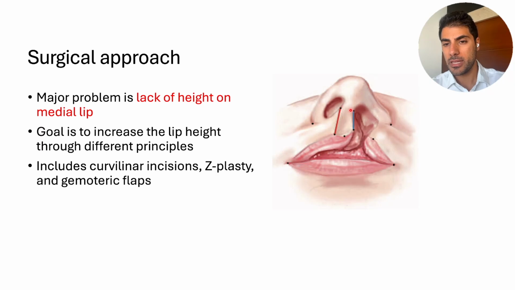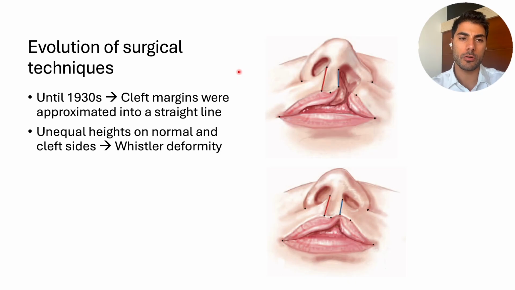So the cleft lip offers us a deficiency, or a short medial column on the cleft side, and this is what everyone tries to solve by doing variations of the incisions in surgery. So basically what they try to do, we will see later, is add length from the lateral aspect into the medial aspect in order to lengthen the philtral column on the cleft side.